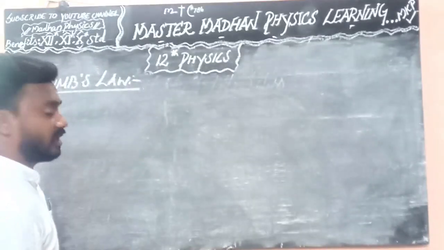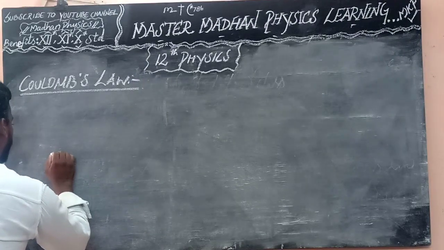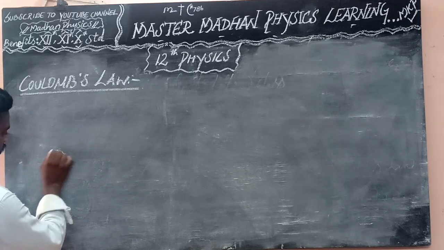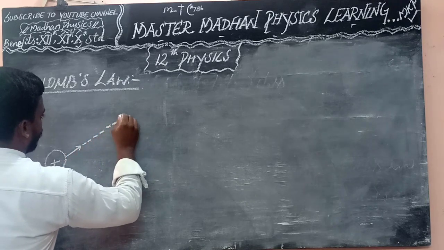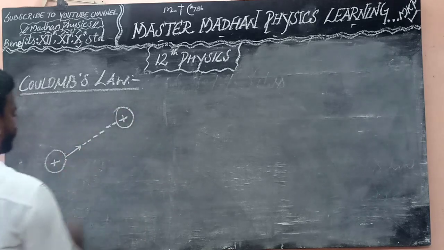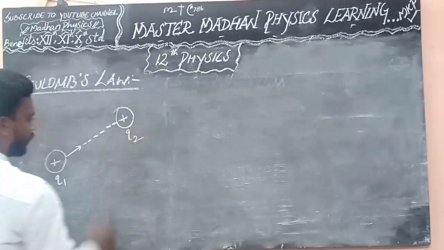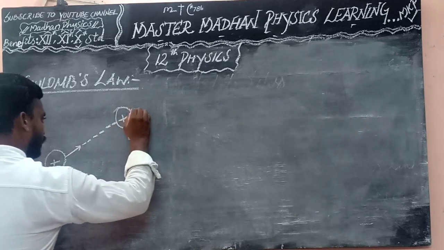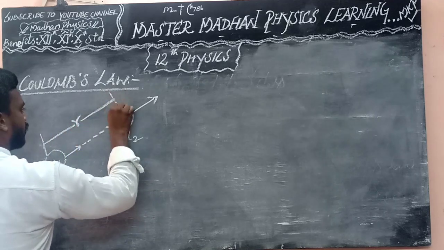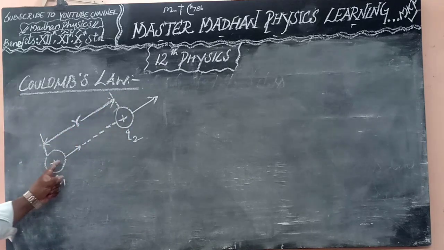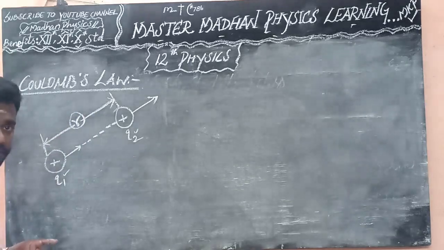Just listen to what I say. Consider any 2 point charges, this is Q1 and this one is Q2. The distance between them is r.